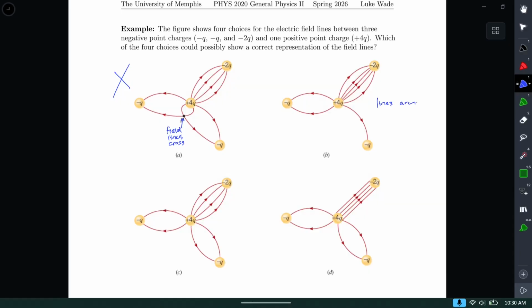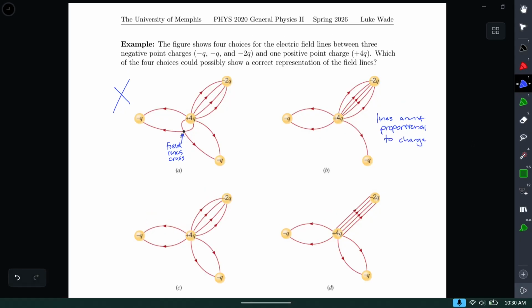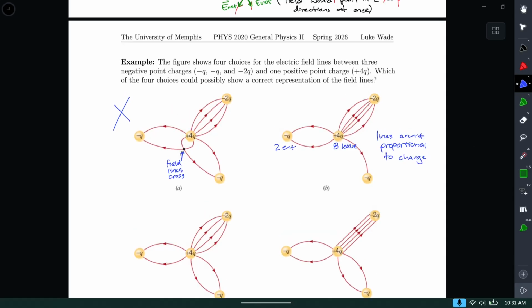So the lines are not proportional to the charge. And in fact, there's more than that wrong. We see 8 lines leave the positive 4Q charge. 1/4 of those should go to one of the negative Qs because it's 1/4 as much charge. We see 2 enter this one.